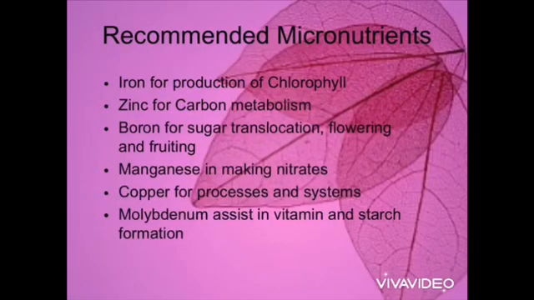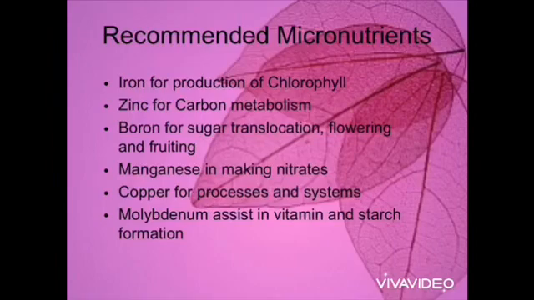The micronutrients are required by citrus in smaller quantities. Sometimes they are referred to as trace or minor elements, which include iron, zinc, boron, copper, manganese, molybdenum, nickel, and chlorine.